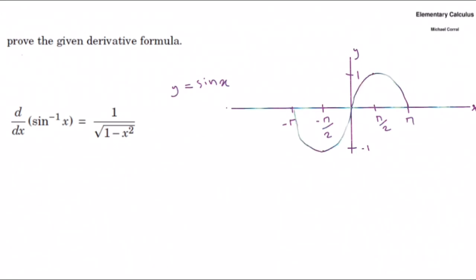And we know that this function is one-to-one only from negative pi over 2 to pi over 2.